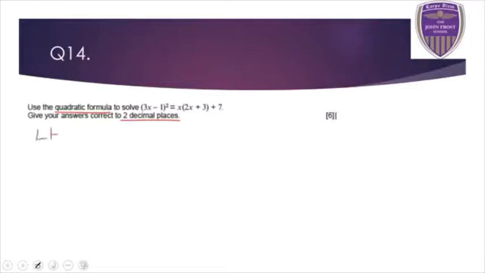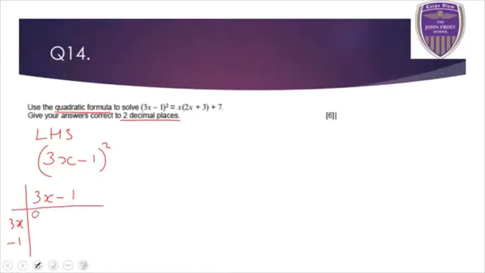So on the left-hand side, you've got to multiply out the (3x minus 1) squared, okay? So I'll just use a little grid method. 9x squared minus 3x minus 3x, and don't forget it'll be plus 1 because of the minus 1 and the minus 1, okay?